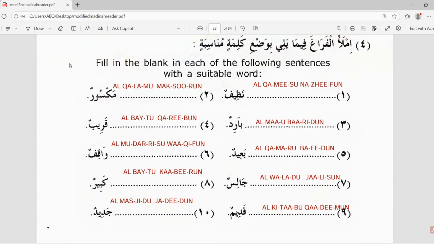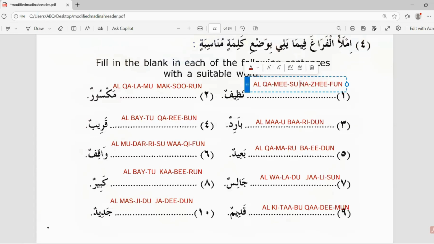So the next one, fill in the blank in each of the following sentences. Again, you've got number one, two, three, four, and so on. And then here you've got some words. Let's go through the words first. Nadifun, which means clean. I've filled them in already.